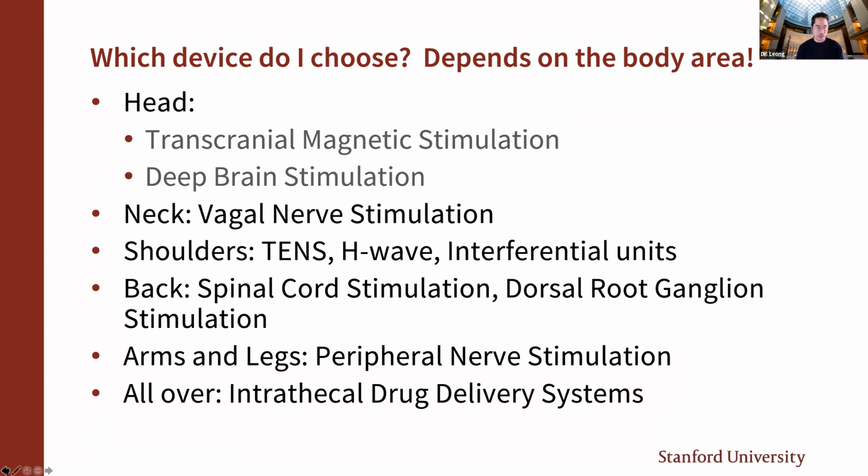There's deep brain stimulation. The neck has another type of stimulation. The surface has TENS units and variations on that. The back has spinal cord stimulation and dorsal root ganglion stimulation. There are other nerves on the arms and the legs that will be treated. And if you have all over body pain, oftentimes we think of using intrathecal drug delivery systems, such as for, unfortunately, metastatic cancer pain.